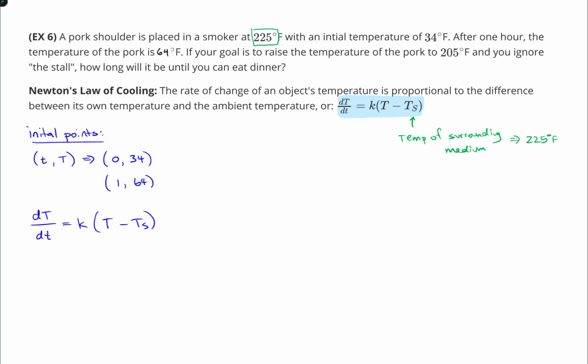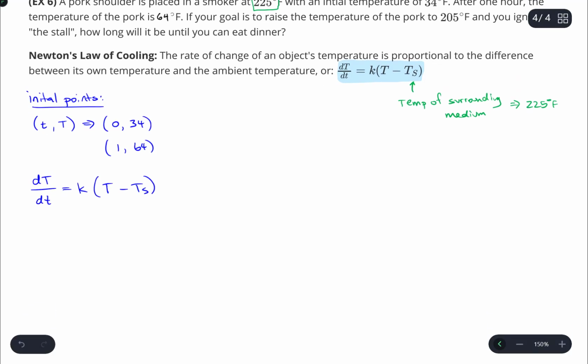But before I plug in 225 here for T sub S, which I could do at this point, but I'm not going to, I'm going to try and solve this differential equation. And to solve that differential equation, we would need to use the separation of variables.